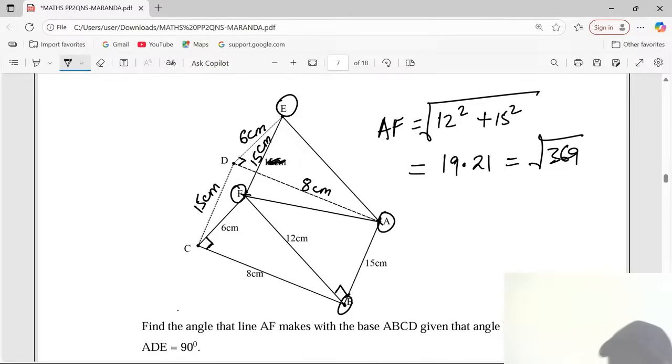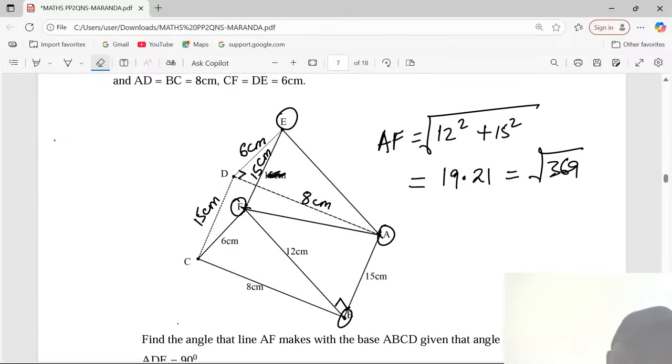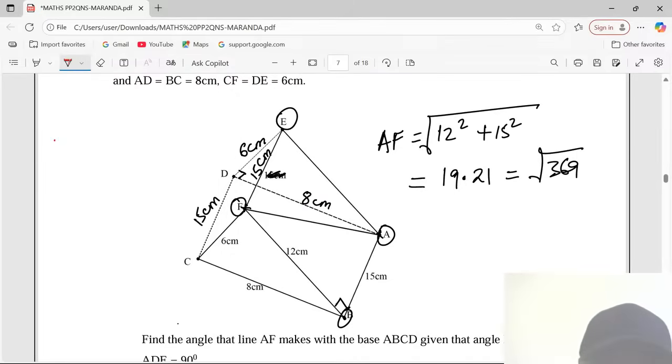If we have that length, it means we need to get the line. To avoid a lot of working, because we can go through a lot of ways, then we discover that it is even a simple question.